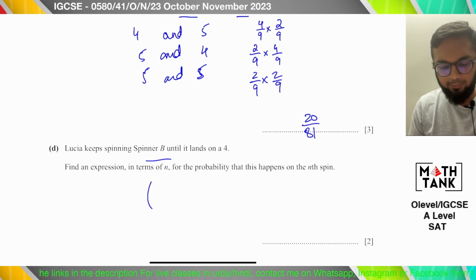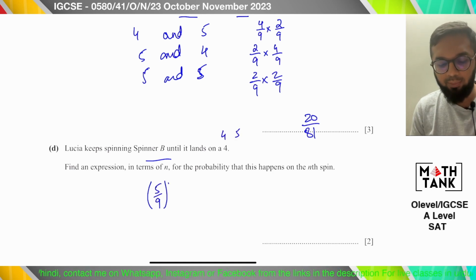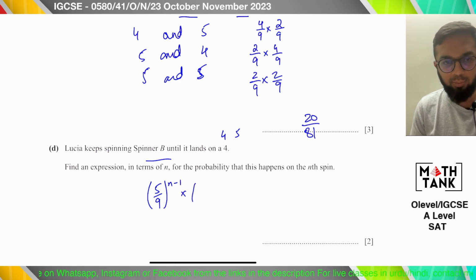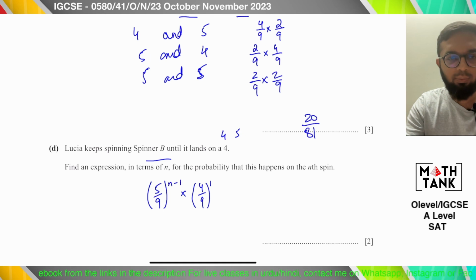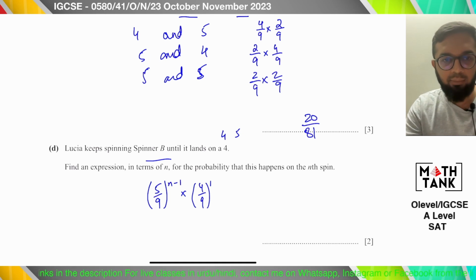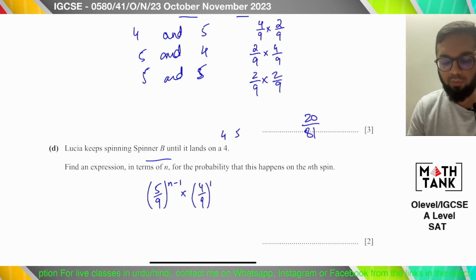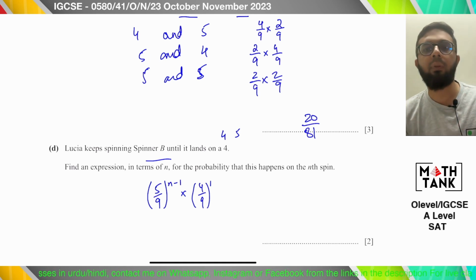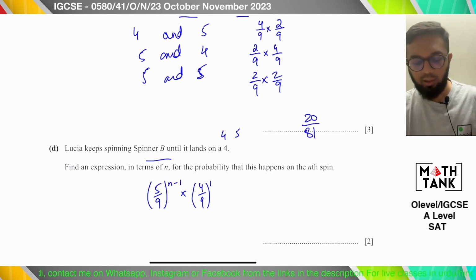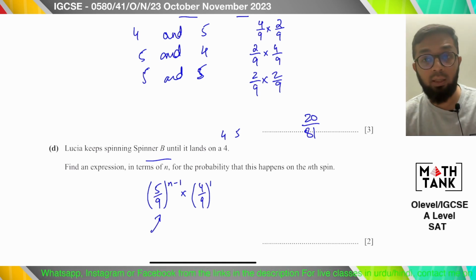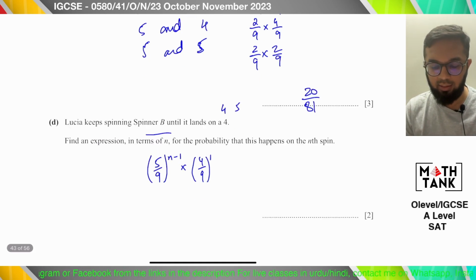That means there were 4 fours and there were 5 not fours. So 5 over 9 comes up n minus 1 times, and that one last term gives her her success. So she fails for n minus 1 times and then succeeds for once, and that's 4 over 9. Okay, so there are n minus 1 failures and one success at the end.